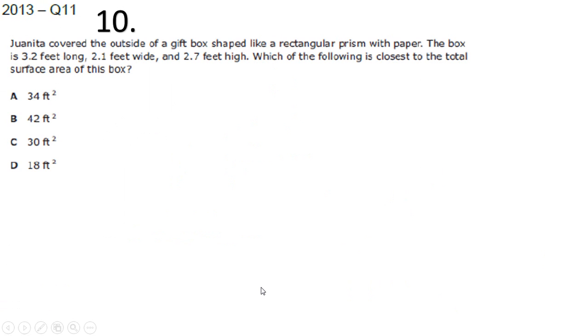Alright, our new question. Question number 10. This one's a little bit harder because we don't have a picture. So it might actually help us if we draw a picture. Now, the first word that you come up with that tells us what's going on is this: rectangular prism.